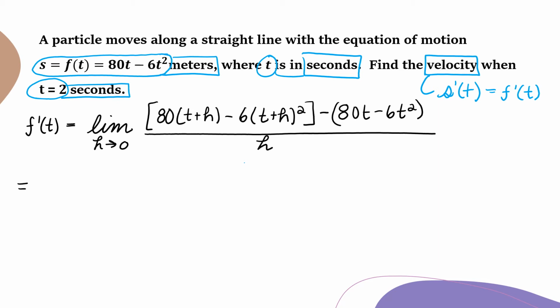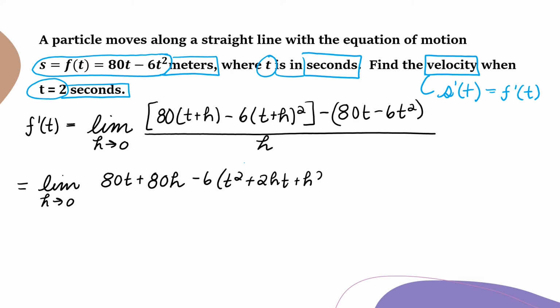Let's distribute that 80. So we have the limit as h approaches 0 of 80t plus 80h. Then let's square this t plus h. So we have minus 6 times t squared plus 2ht plus h squared.